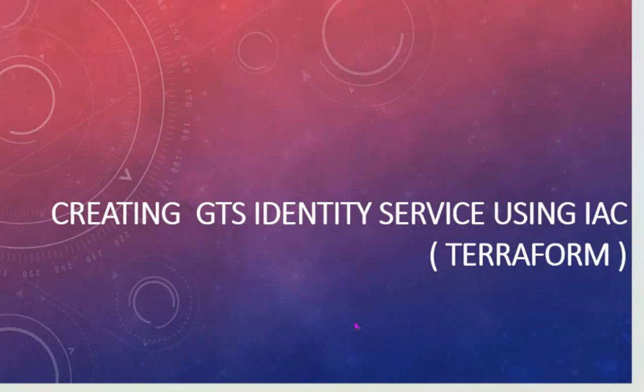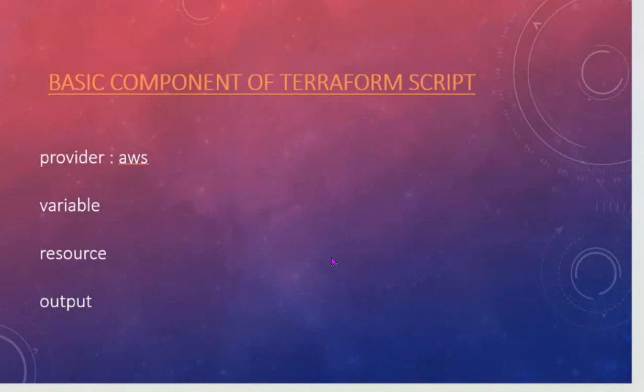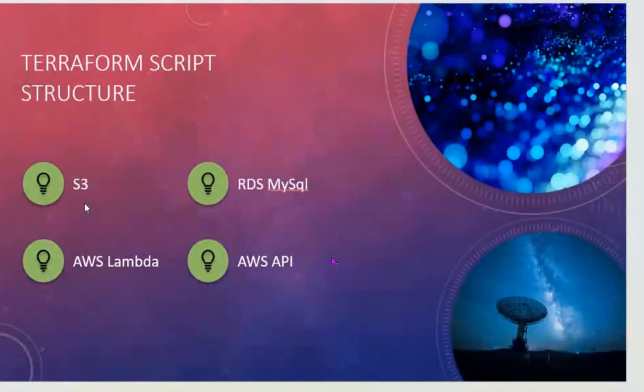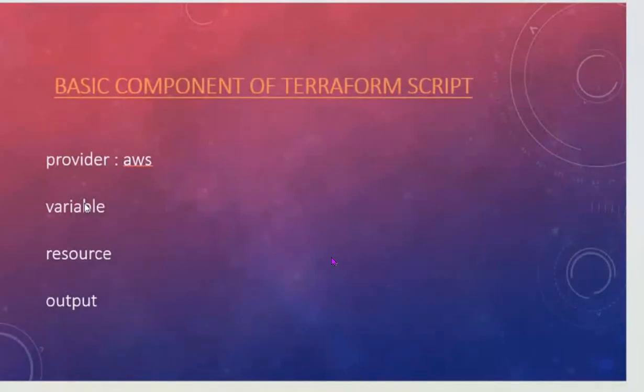What we are discussing here is regarding S3 bucket, Lambda, MySQL, and API, and the basic components of how a Terraform script should be. We need to provide a provider block in our code file, so that the script knows which cloud we are using.